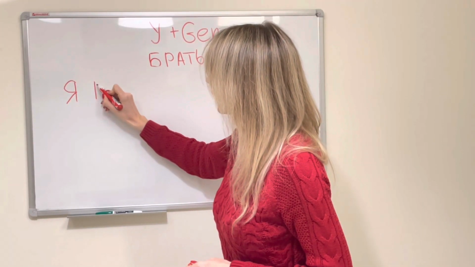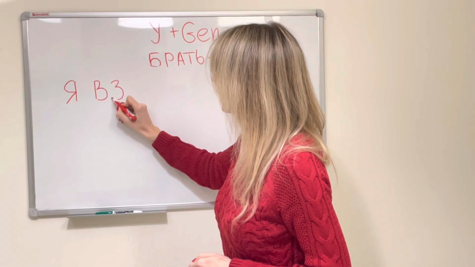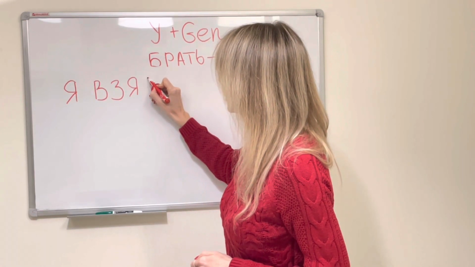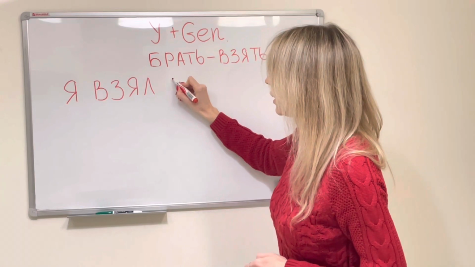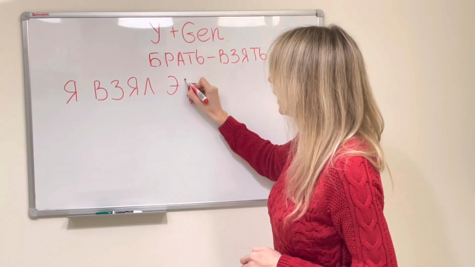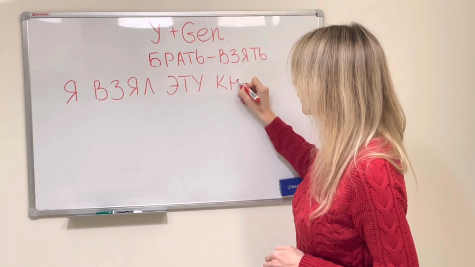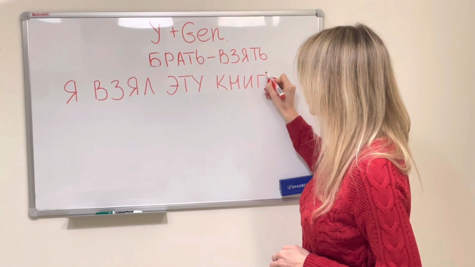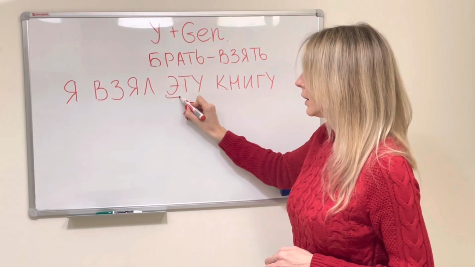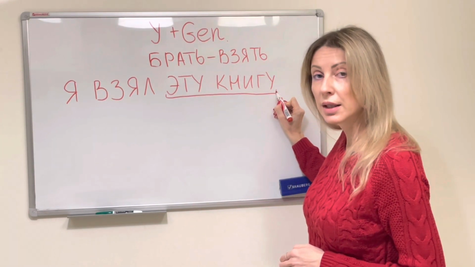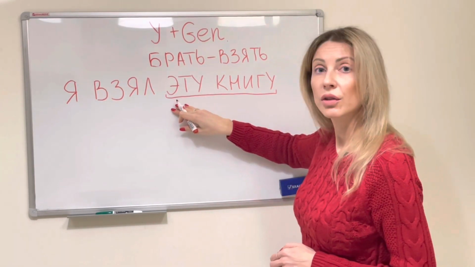Я взял, in the past, I took, я взял what? Эту, this, книгу, this book. Be attentive, this part is in accusative case, because it's a direct object.